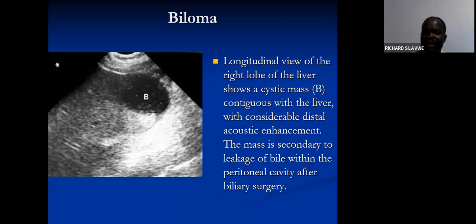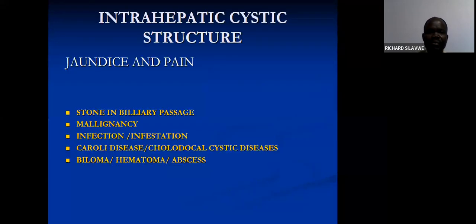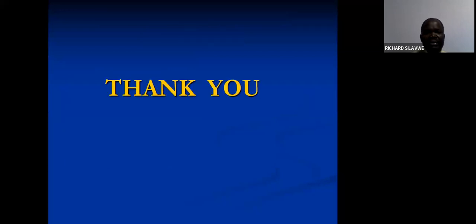The mass is secondary to leakage of bile within the peritoneal cavity after biliary surgery. Then jaundice and pain: we have stone in the biliary passage, malignancy, infection, infestation, Caroli disease. So these are the ones that you can see in jaundice.